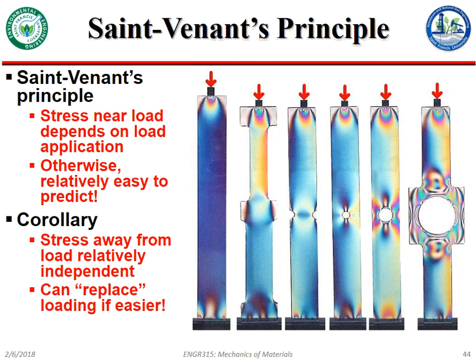This is a result of something encapsulated in Saint Venant's principle, which is to say that the amount of stress that's near where a load is applied depends on how that load is being applied. Kind of like how we've been saying that we're computing the average normal stress, and average shear stress, and all these average stresses.